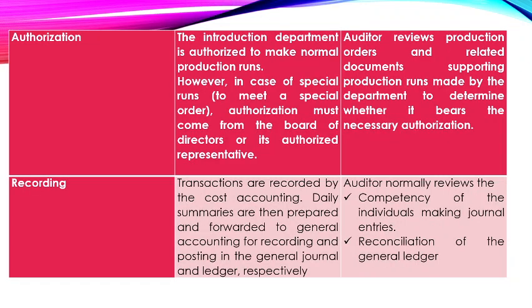For authorization, the production department is authorized to make normal production runs. However, in the case of a special run to meet a special order, authorization must come from the Board of Directors or its authorized representative. The auditor reviews sales orders, production orders, and related documents supporting production runs made by the department to determine whether they bear the necessary authorization.